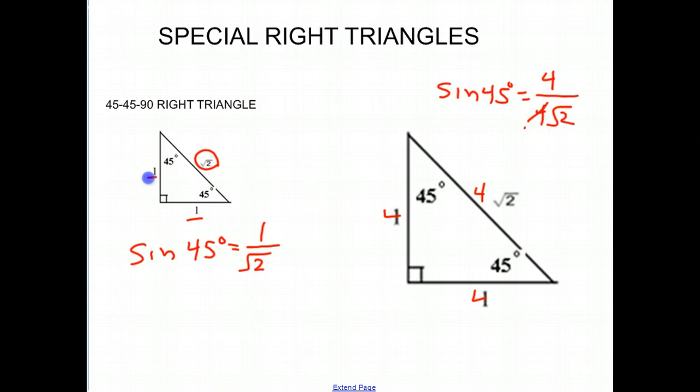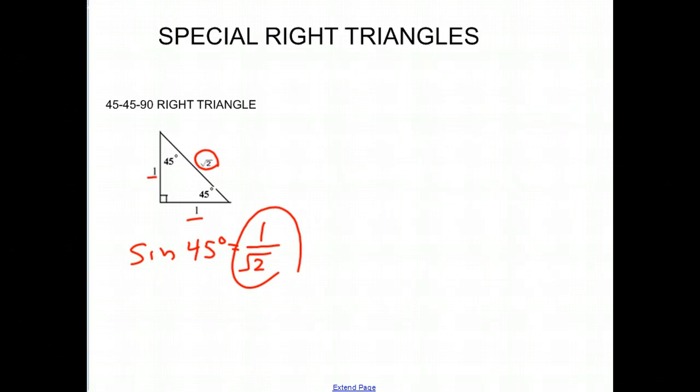The 4s cancel, and you're left with the ratio of 1 over the square root of 2, which is exactly the same as in the smaller triangle. It doesn't matter how large or small the triangles are, they're similar, and therefore those ratios will always be the same. So the sine of 45 is 1 over the square root of 2.